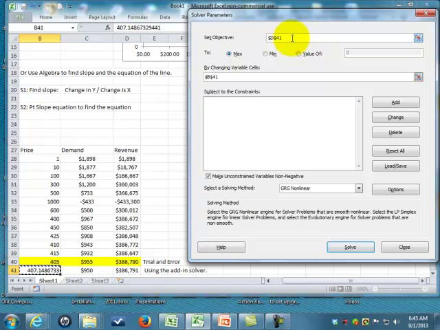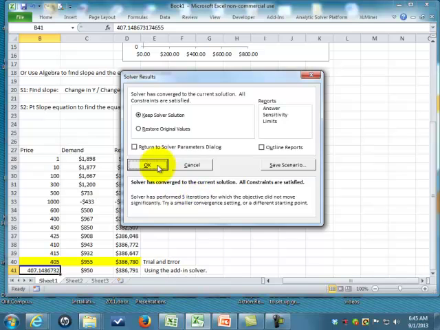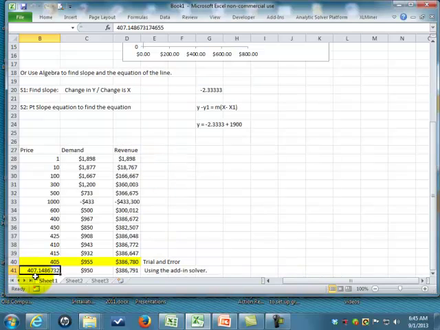So what Solver is doing is you're saying maximize my revenue, maximize that by changing that. And then you just hit solve, and okay. And you see you actually get the exact number, 407 and 15 cents.